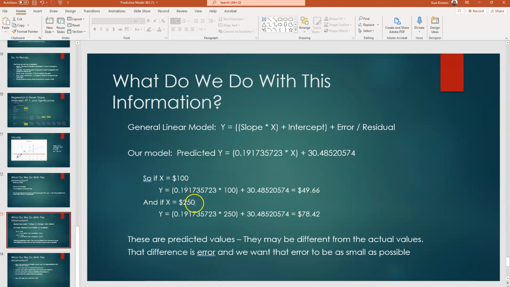If X equals 250, we do the same thing, swapping the 100 for 250. Our predicted Y equals the slope times 250 plus the intercept, or we can expect the customer to spend $78.42. These are predicted values, and if we're looking at our training data, they may differ from the actual values. That difference is the error, and we want the error to be as small as possible.